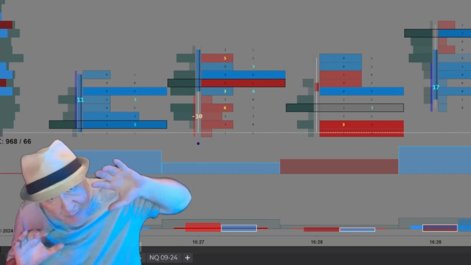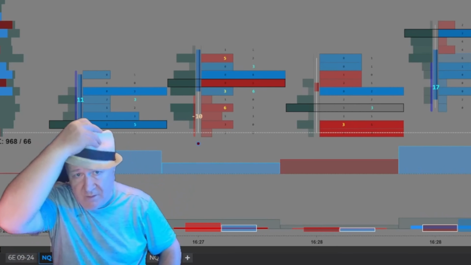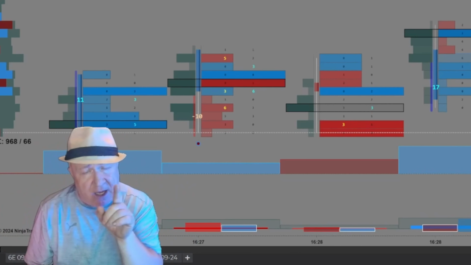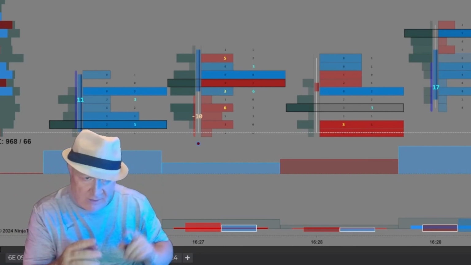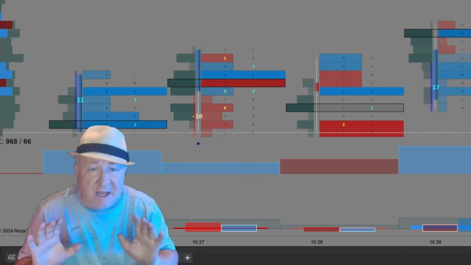Because if you're going to rely purely on the indicators, what happens to you? I'm going to tell you. If you're going to rely on volume indicators and you just say, okay, this is red, this is blue, this is high, this is low, numbers, one day it's not going to make sense for you.